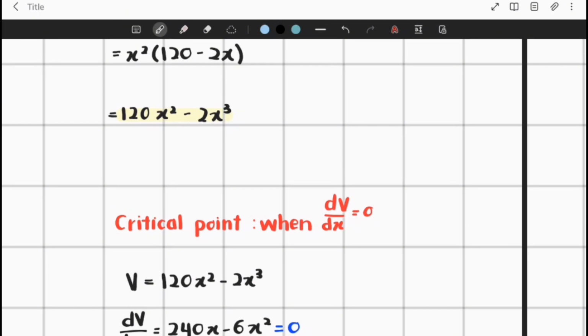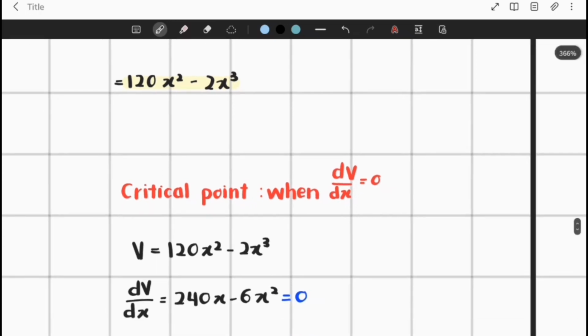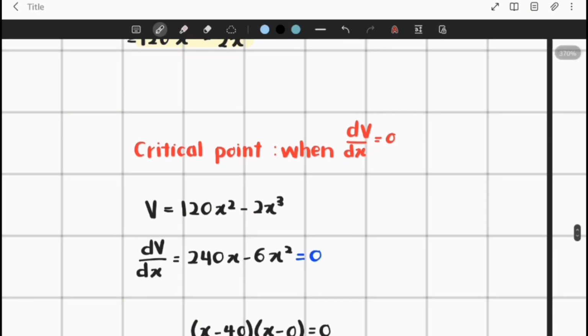Alright, so after that, we have to find a critical point, and we know that when the volume differentiates and it equals 0, it will have a critical point. So that's why I differentiate the volume in terms of x, and I get 240x minus 6x squared.